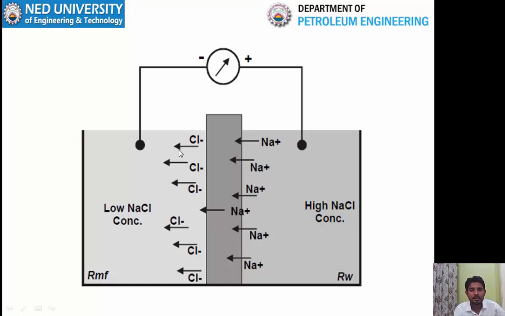Both sodium and chloride ions would love to move from higher concentration to lower concentration, but in a given time more chloride ions will migrate from high concentration to low concentration. So that will generate a potential, and this potential basically means that the low sodium chloride water will have the negative part because it has more chloride ions as compared to the high NaCl concentration fluid, which has more sodium plus ions.